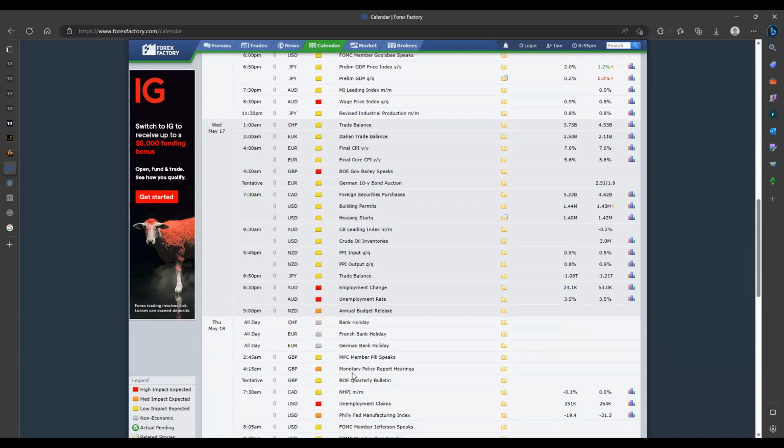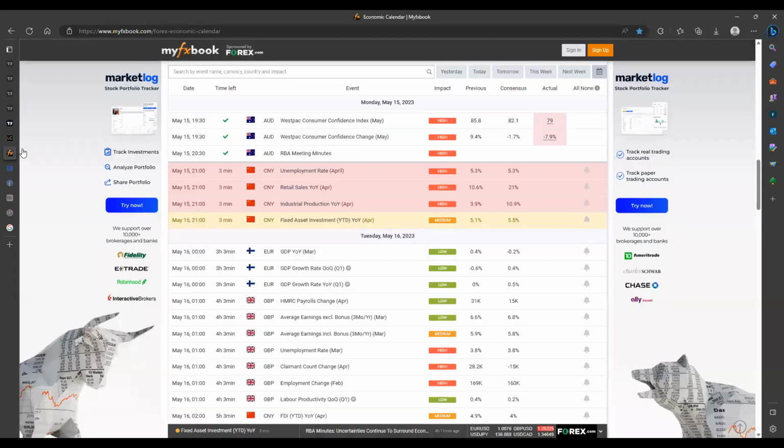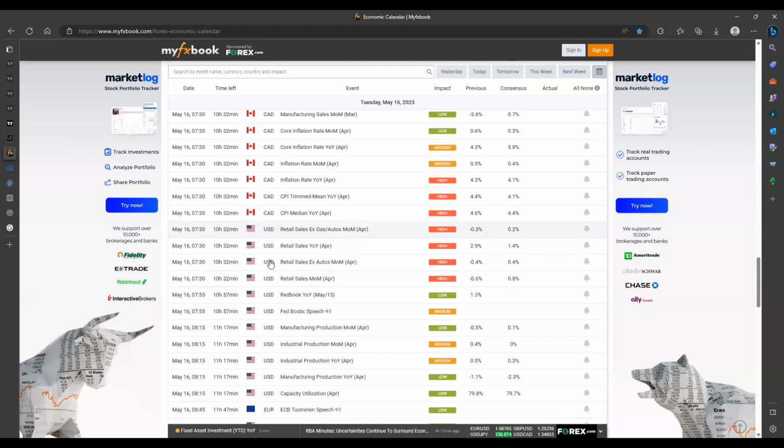And Thursday, here's a medium folder for GBP Thursday morning at 4 a.m., 4:15, monetary policy hearings. That's going to move. Let's look and see what that says for Thursday on Forex Book.